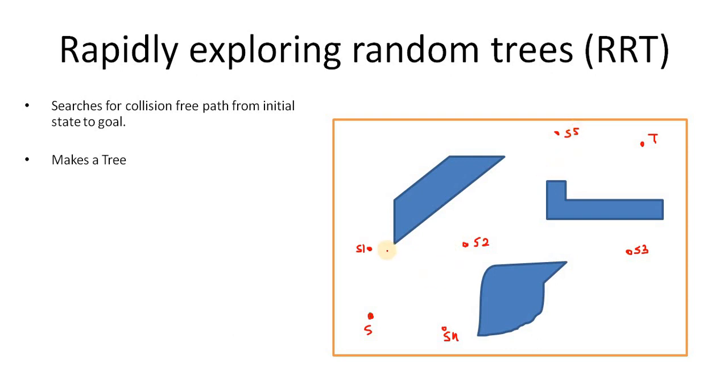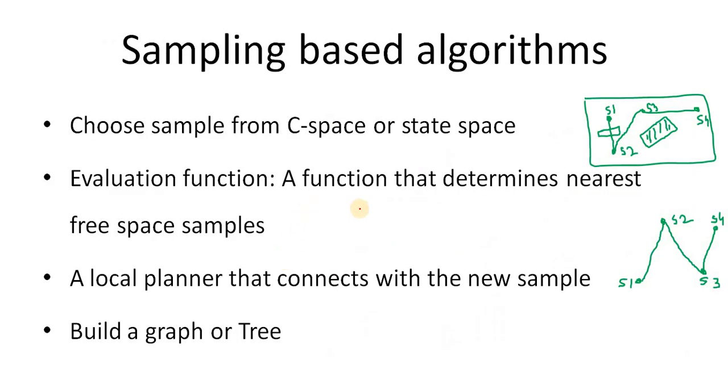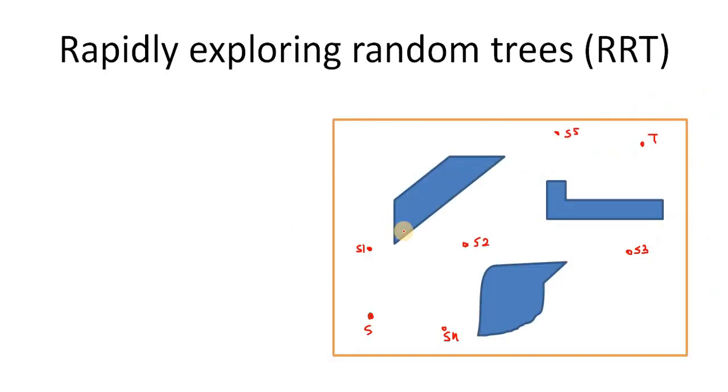So each time it samples, it checks whether this sample is in the free space or not, and then it uses some kind of evaluation function to find the nearest sample.